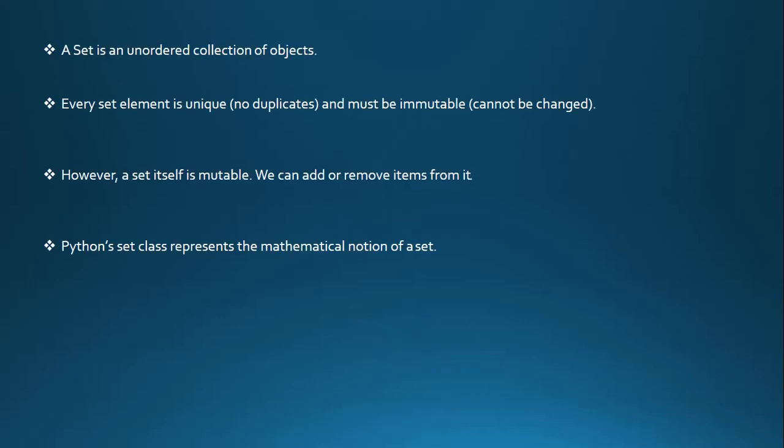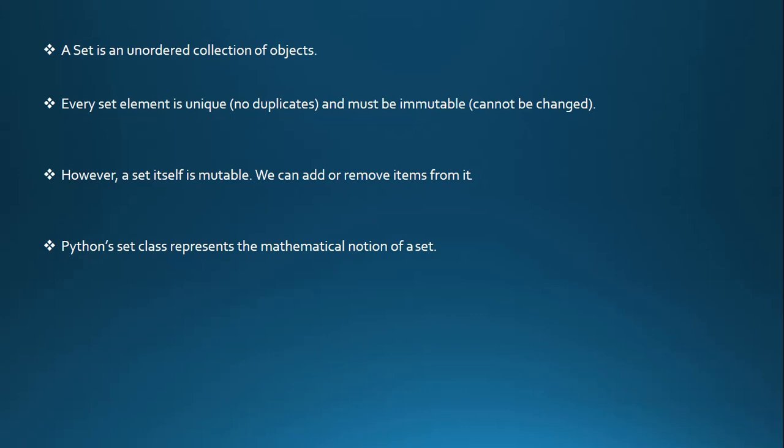Let's see. Set is an unordered collection of objects. That means items are inserted or arranged in the set in an unordered fashion. If you have declared a set and you try to display or print the items of the set, it is not guaranteed that those items will be in the same position.